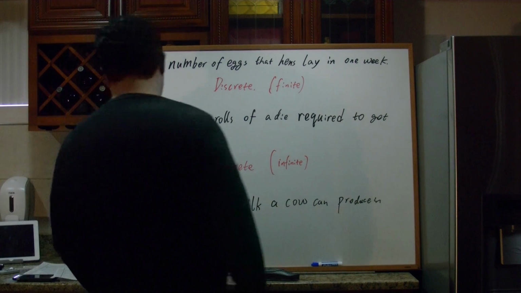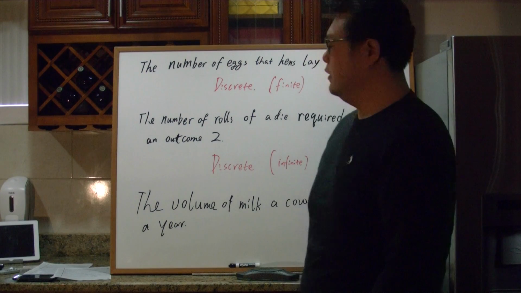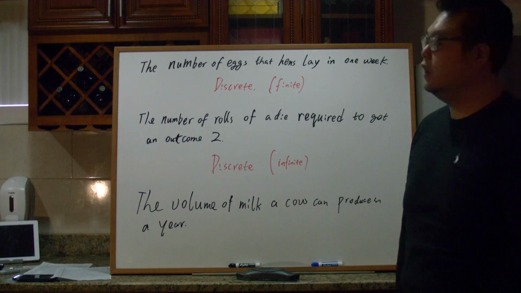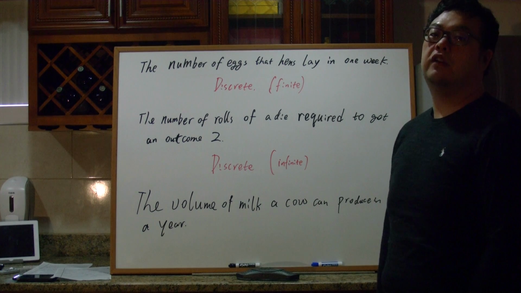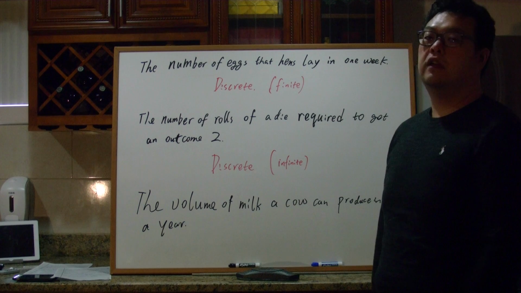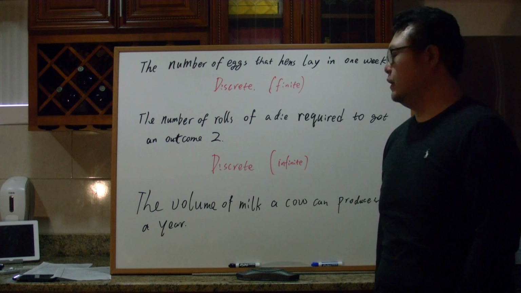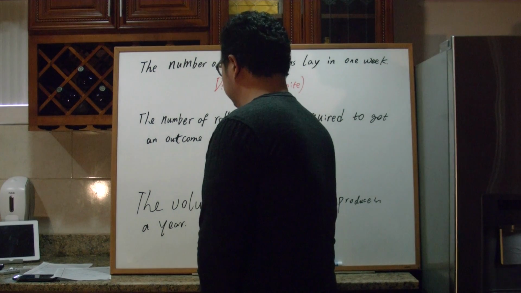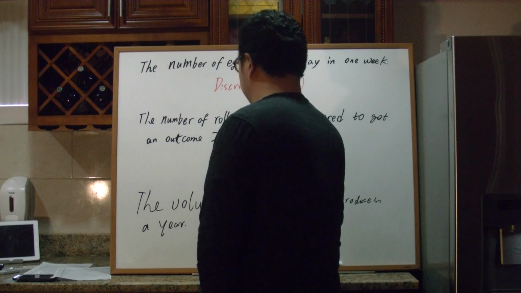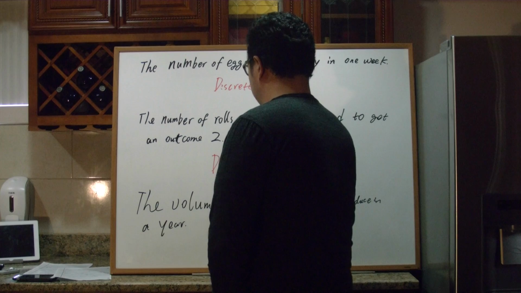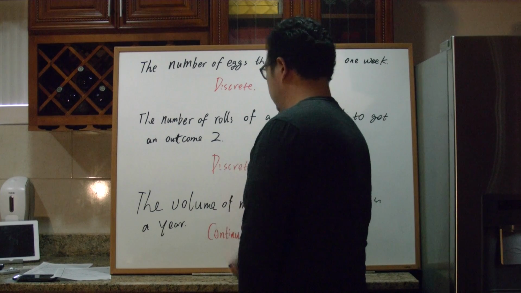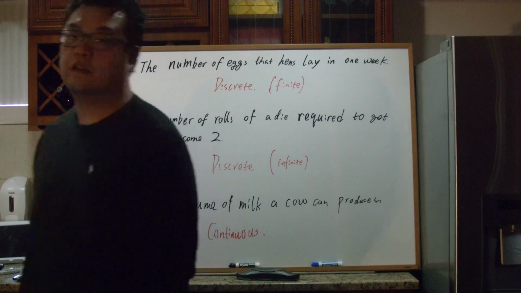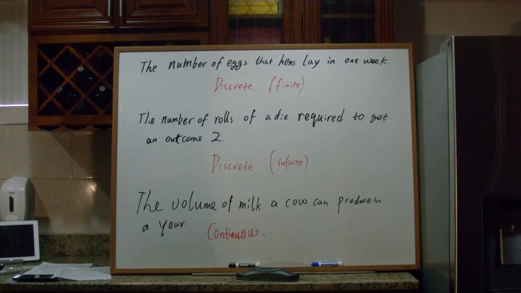So it's not able to be counted, like just seeing how many volumes. We usually use the word much: how much volume it is. So that is continuous. Quantitative and qualitative and continuous data.